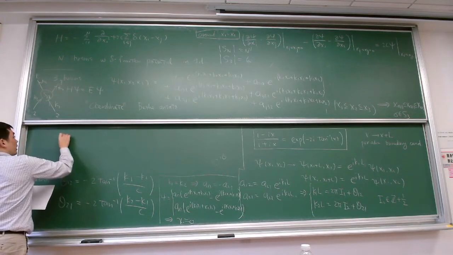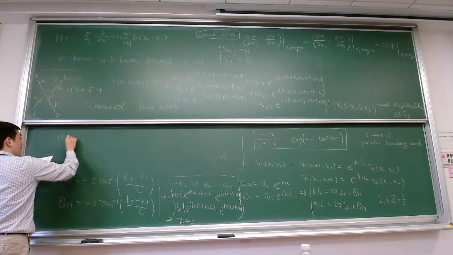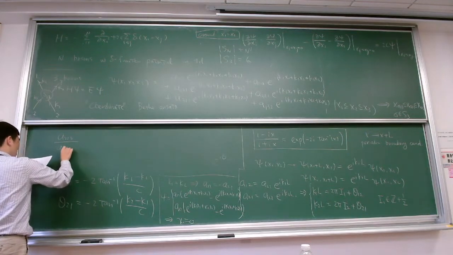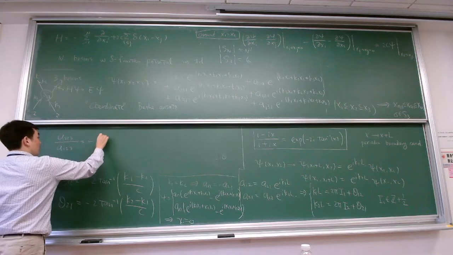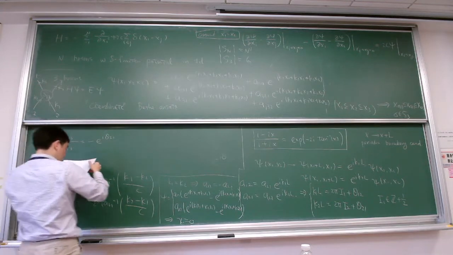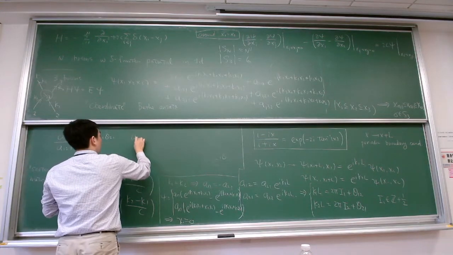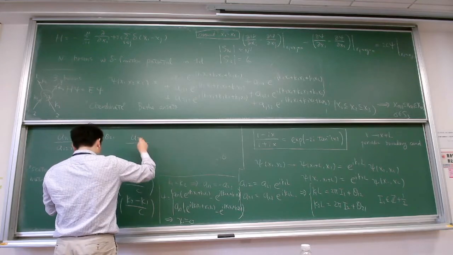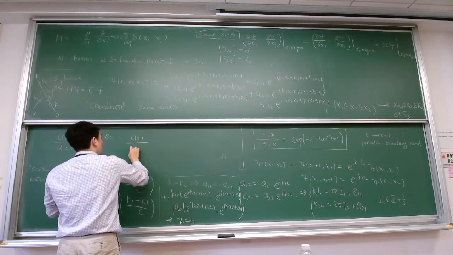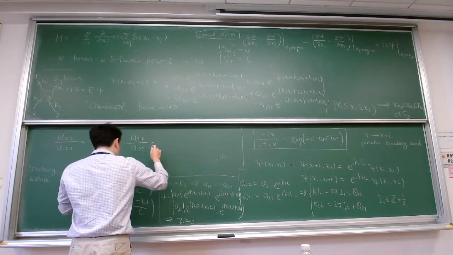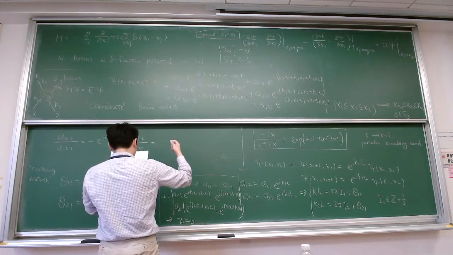So you select A(2,1,3) divided by A(1,2,3) is equal to minus e^{i theta_21}. Similarly for A(3,1,2). It's very similar to two, a straightforward generalization from two particles to three particles.